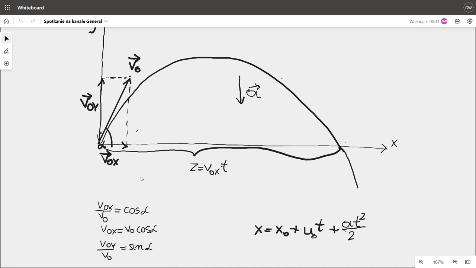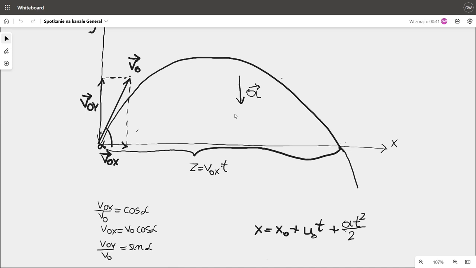The acceleration vector is directed vertically to the ground, so its coordinate in the direction of axis y is negative. You can see it here. The value of the coordinate of the acceleration vector equals minus g, where g is gravitational field strength.